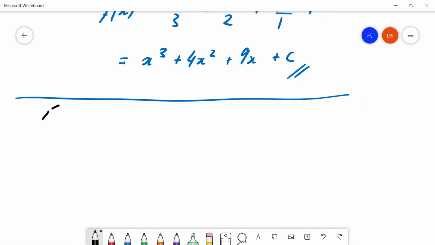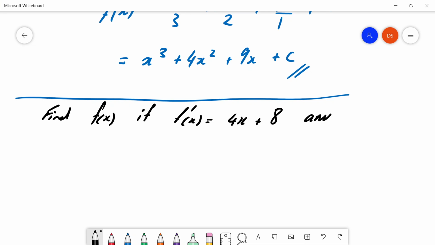Suppose I said to you, find f of x if f dash of x is equal to 4x plus 8 and f of 3 is equal to 5. Let's see if we can work this out.